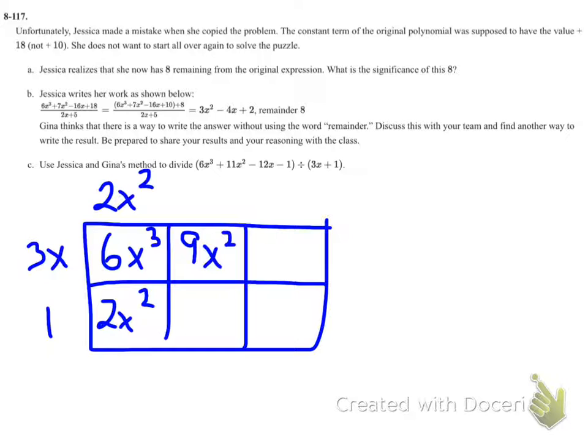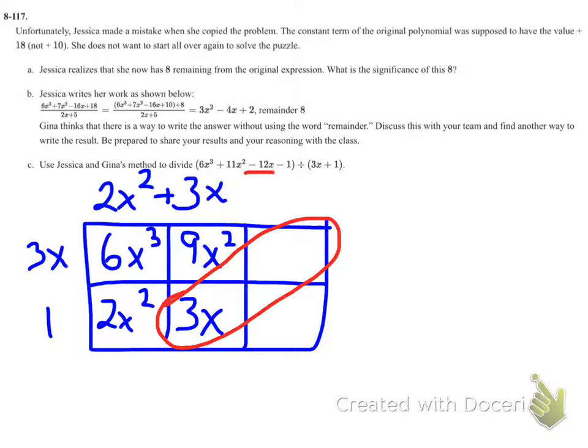That means I can now figure out what goes up top. Once I figure out what goes up top, I multiply it by this, and I can figure out this box. So the top is going to end up being a positive 3x. Multiplying it by 1, I get 3x for that box. 3x plus this one has to equal a negative 12x.